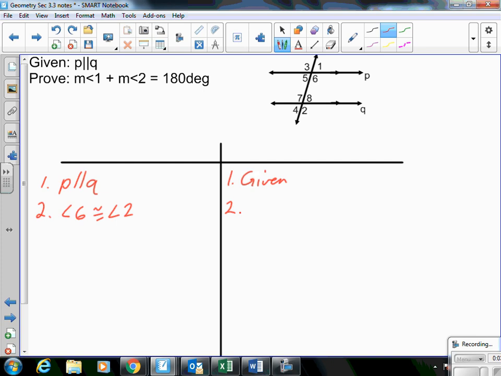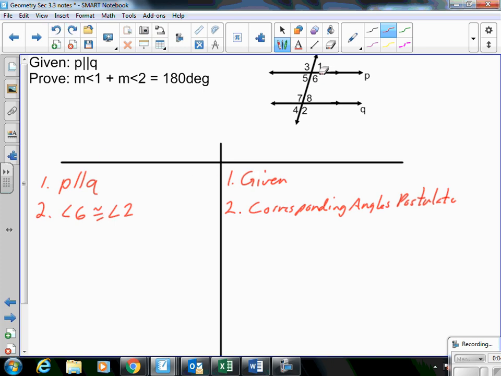And that's based on the fact that they're corresponding angles, and the corresponding angles, actually it's a postulate, corresponding angles postulate. All right, so that's the relationship between 6 and 2.